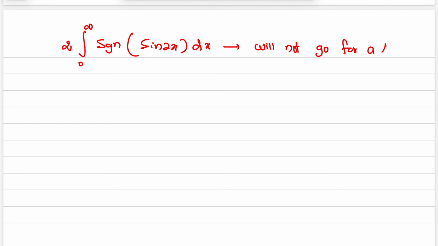That means this integral, 2 into the integral 0 to infinity of signum sin 2x dx, will not go to a single value, as signum sin 2x oscillates.